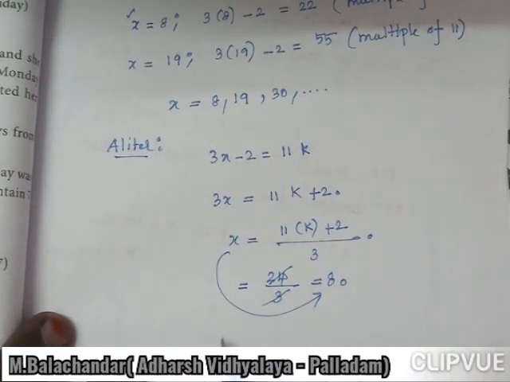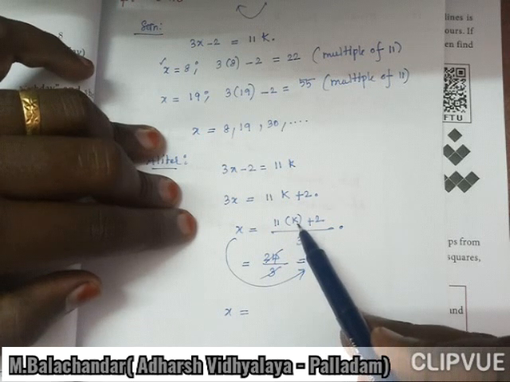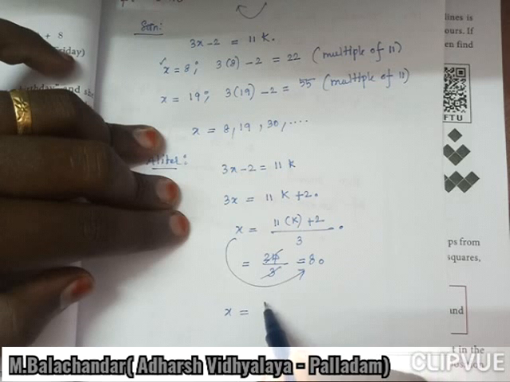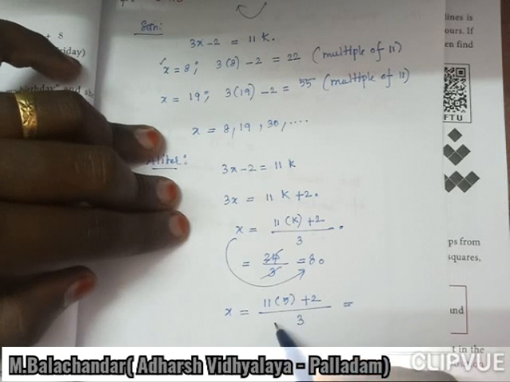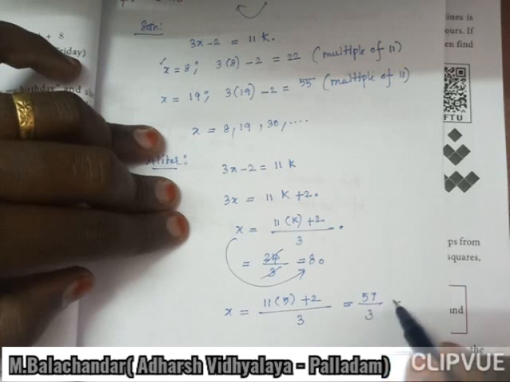Then next, if you assign k equal to 5, 11 into 5, 55. 55 plus 2, 57. 57 by 3 is equal to 19.